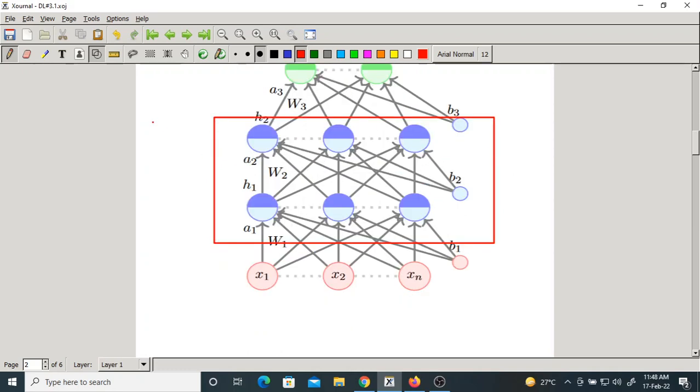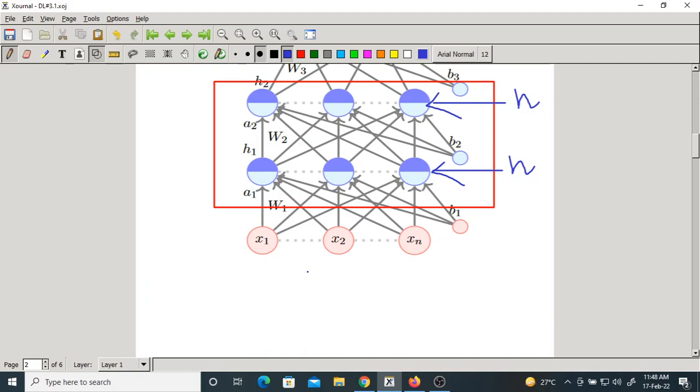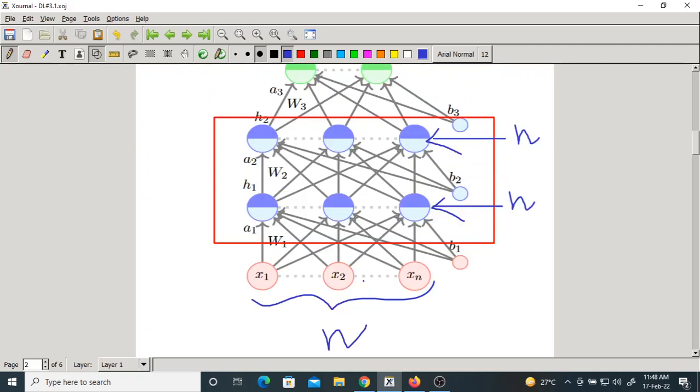And how many neurons does each hidden layer have? n neurons. So we have 2 hidden layers, and each hidden layer has n neurons. In the input also we have n neurons. Okay. Right.